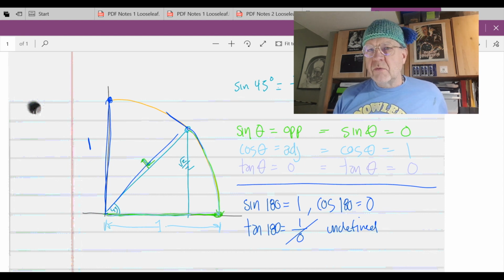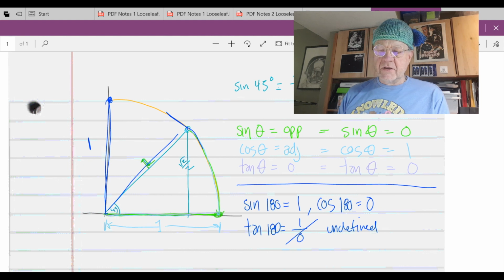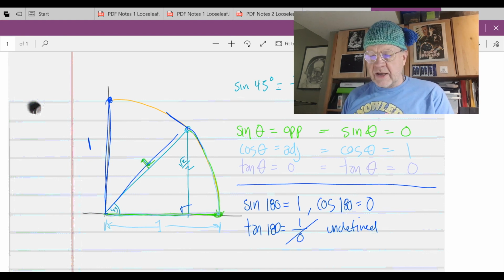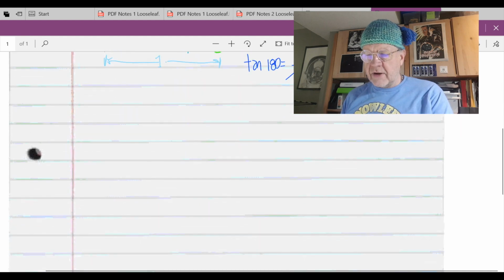So maybe we'll need to figure out and construct a new kind of triangle to help us out. So this 45, 45, 90 degree triangle, remember this is a right angle here, gives us some solutions for 0 degrees, 45 degrees, and 180 degrees. Cool.